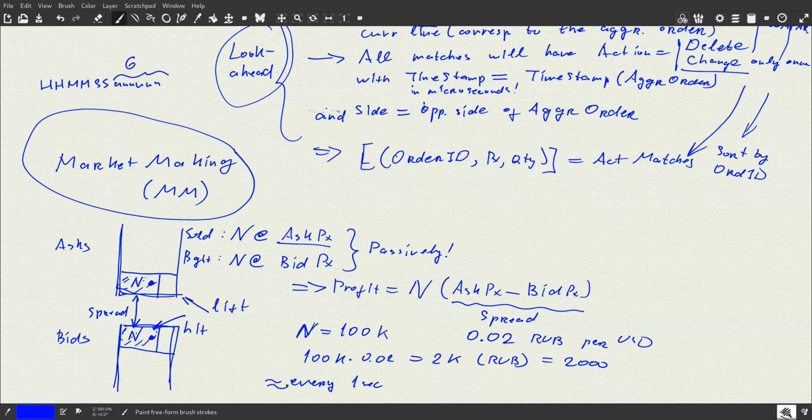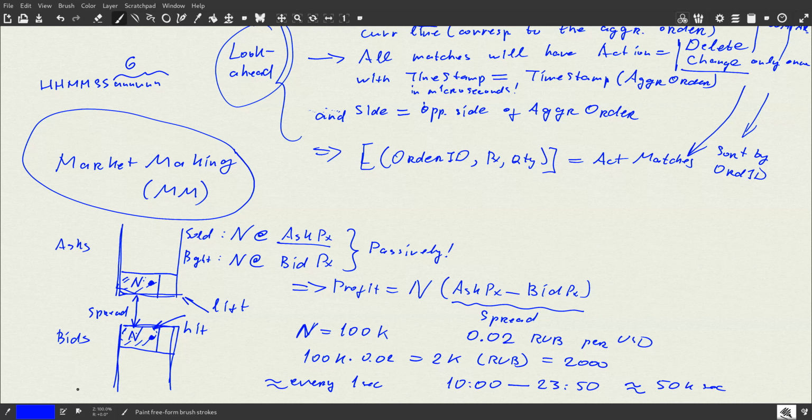The trading session on the Moscow exchange is from 10 a.m. Okay, today's trading session has just started, until 23:50. This is approximately, you can calculate exactly, about 50,000 seconds.